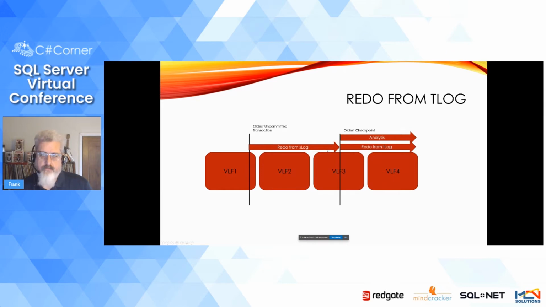I then redo from my transaction log, but I'm only doing the redo from that oldest checkpoint going forward. And because that checkpoint runs approximately every 30 seconds, that volume of data is very low. And then finally, I have an undo from that streaming log. So once again, low volume of changes to the slog in memory, runs very quickly, and I am done.